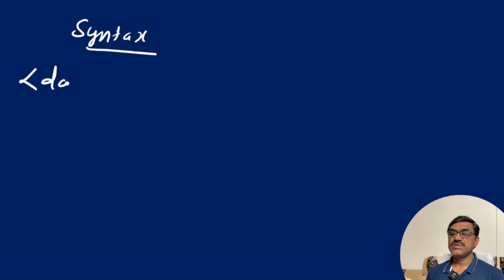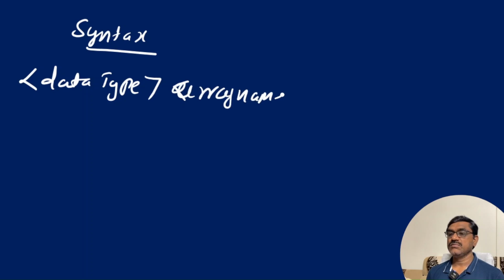Let us discuss in detail the syntax of a two-dimensional array. I'm writing the syntax here. As usual, you mention the data type. After the data type, you mention the array name, any name you can give.